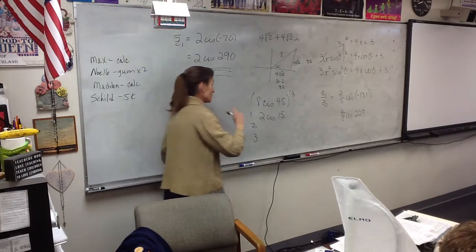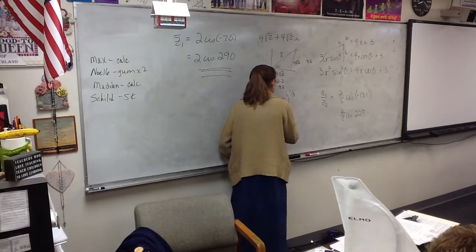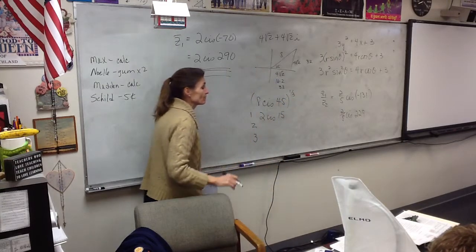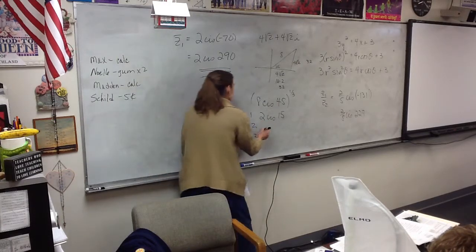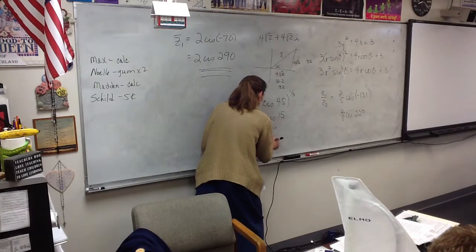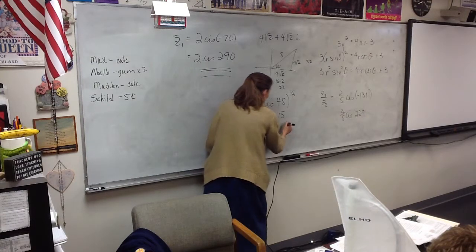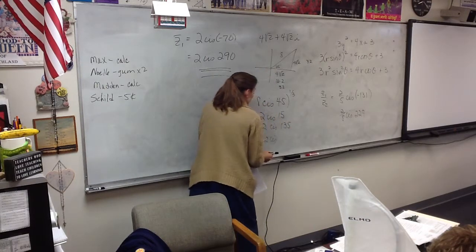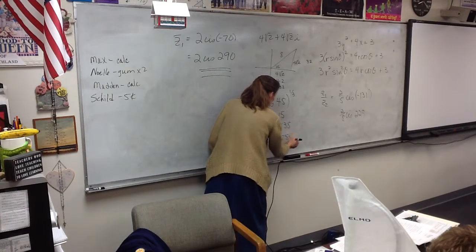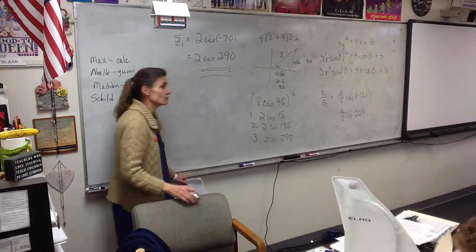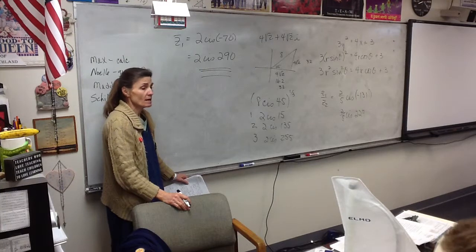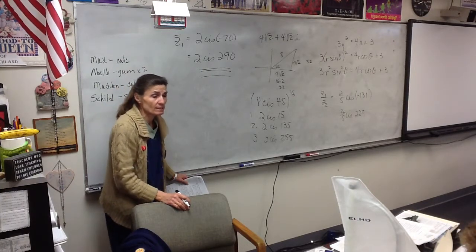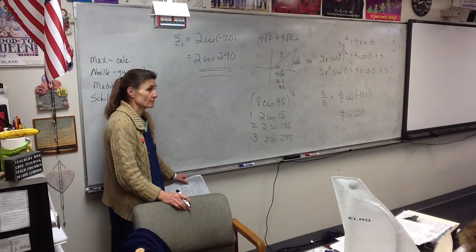De Moivre's theorem. So that's my first answer. What would my second one be? 135, and the last one is 255. They're 120 degrees apart because there are 3 of them, and 360 divided by 3 is 120.